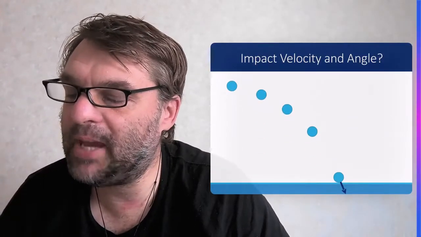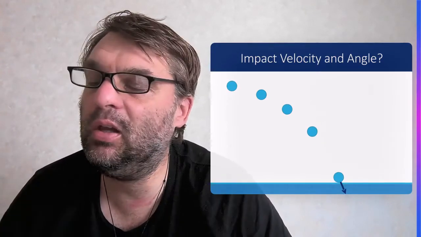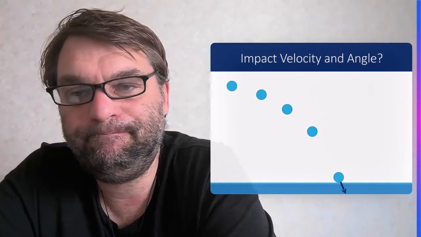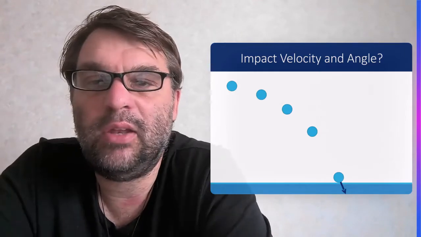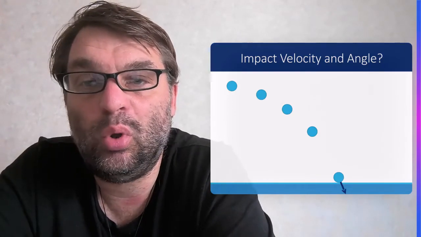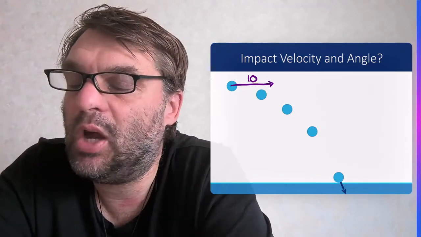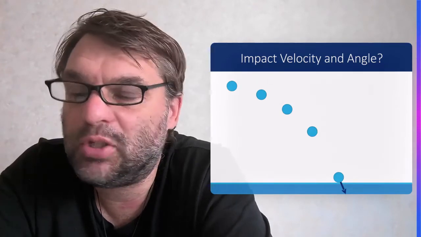So what is the impact velocity and the angle? Well, you can use trigonometry. You know that the initial velocity of the ball in the second example is going to be 10 meters per second.